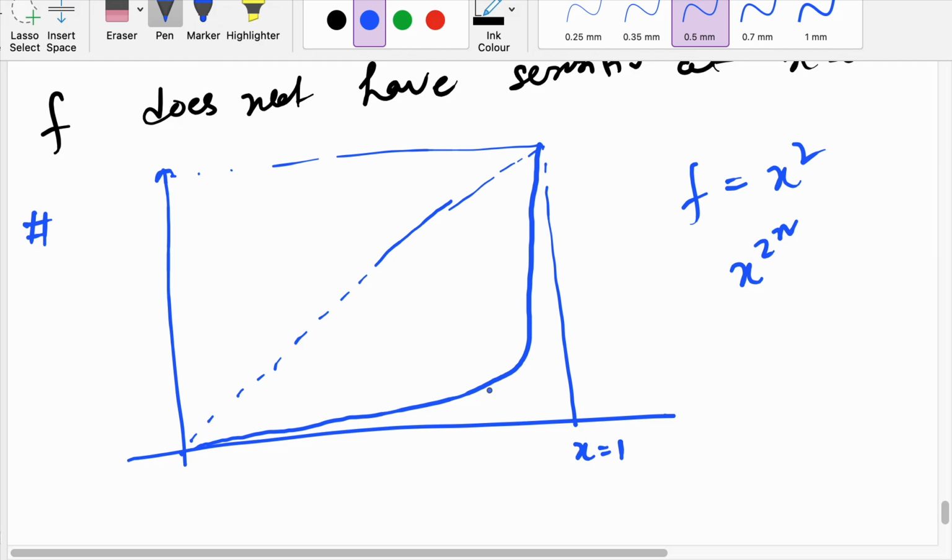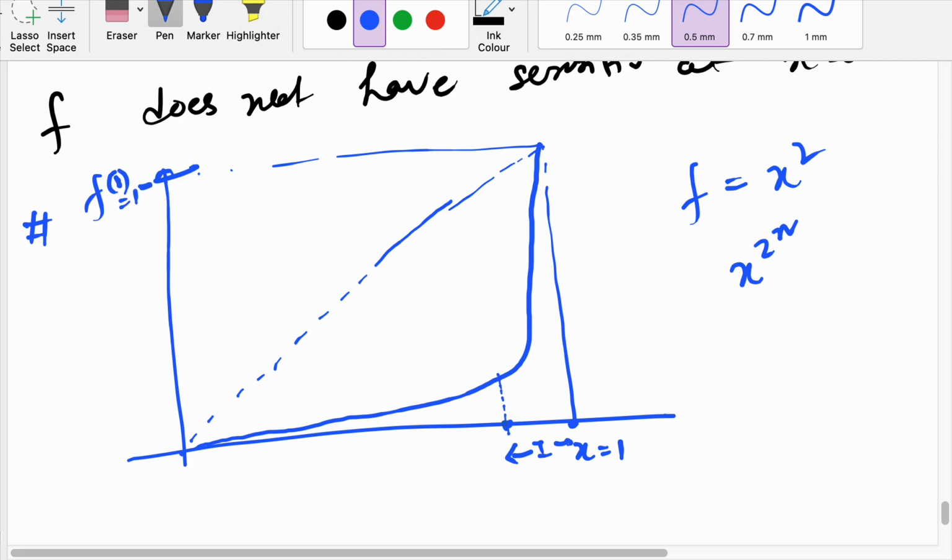And you see that if you choose this open interval I which contains 1, then the iterate f of 1 equals 1, this value.